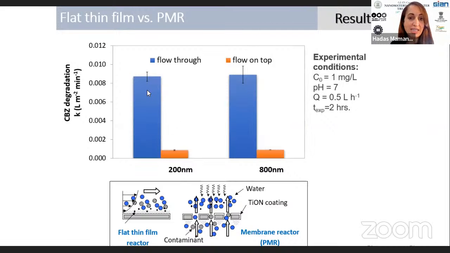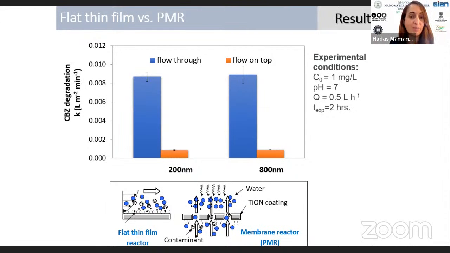And what we found is that when the water flows through the membrane, compared to generating a flat thin film, we get a much higher degradation rate constant. So we understood that it's much more advantageous to stream the water through the membrane and not only on top of the membrane, okay?